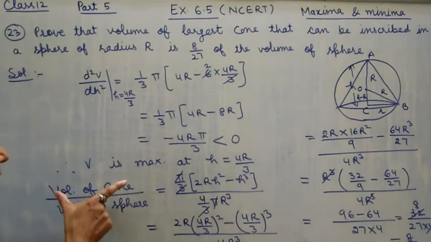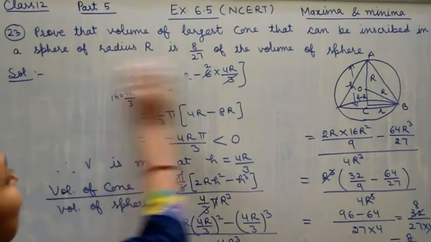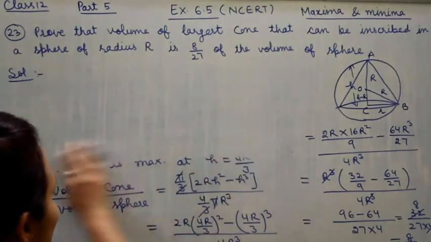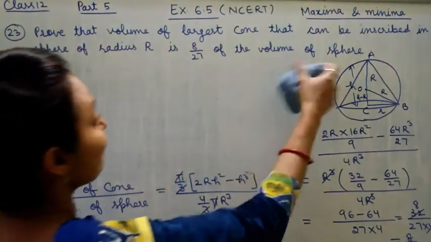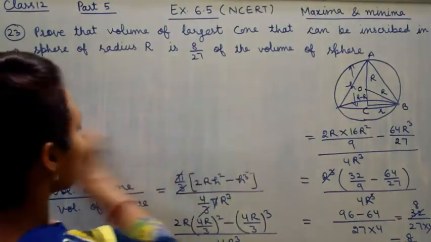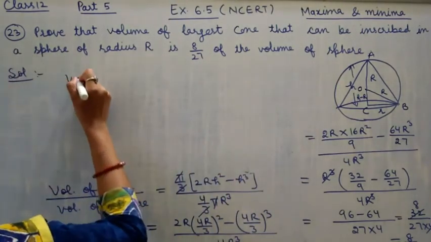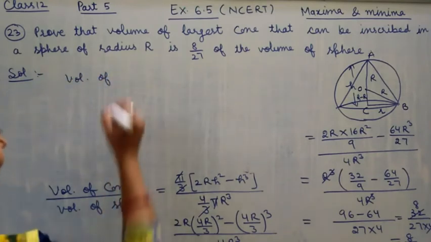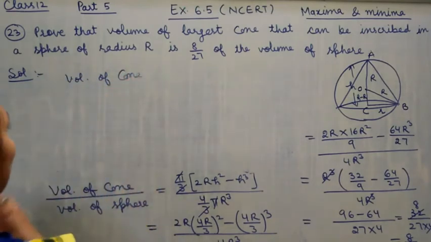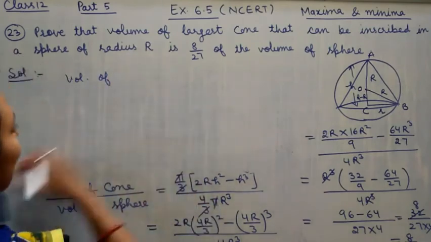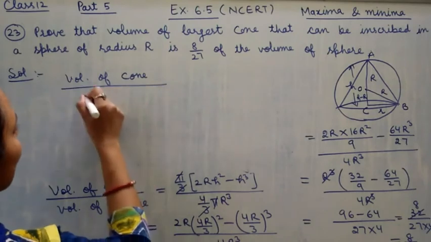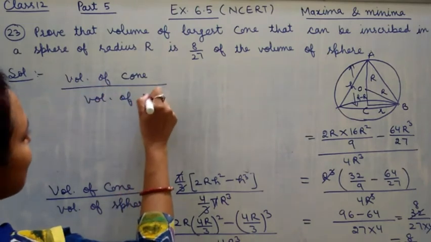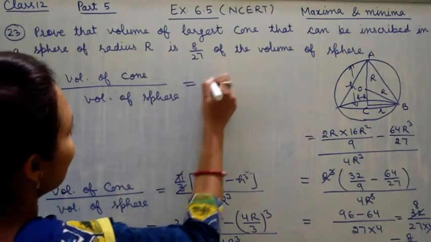The question says that the volume of the cone upon volume of sphere comes out to be 8/27.